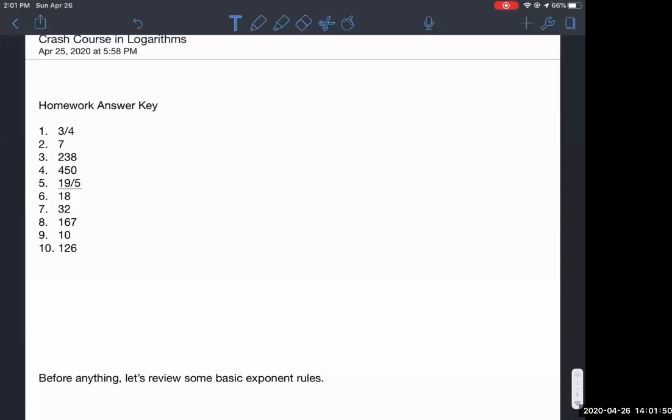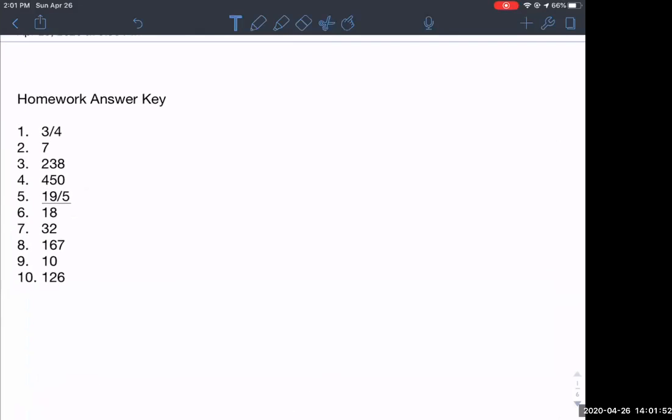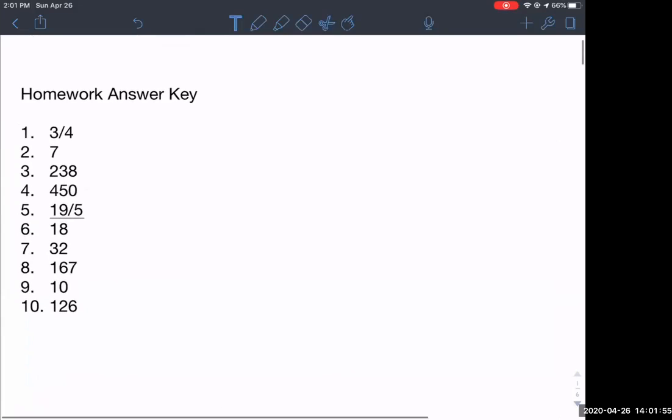All right, hopefully everyone can see my screen. So first, here are the answers for the homework about algebraic manipulations.